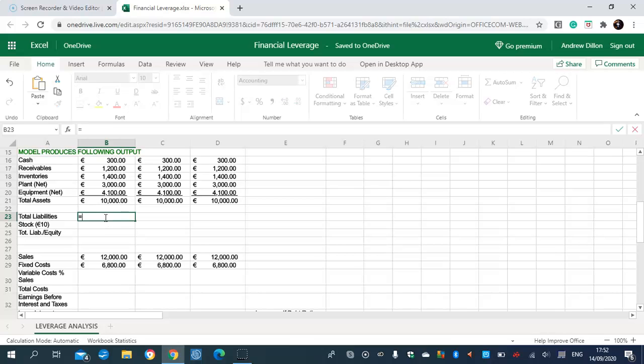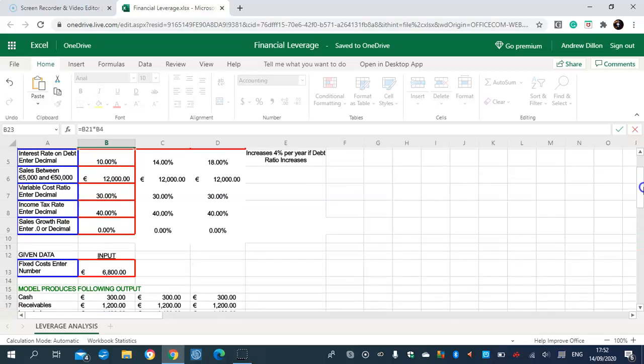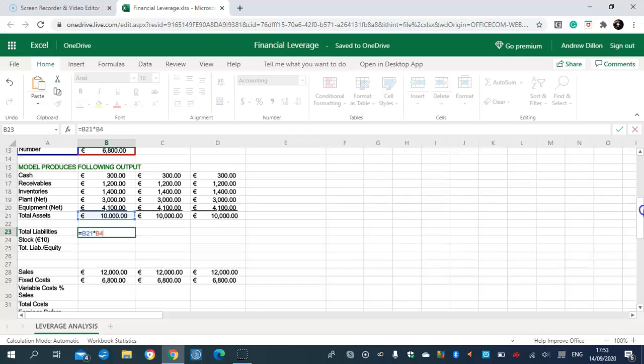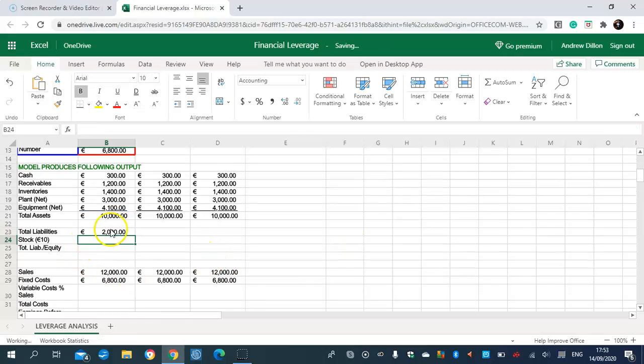So here's how you do that. Total assets multiplied by the debt ratio, enter decimal. That gives €2,000.